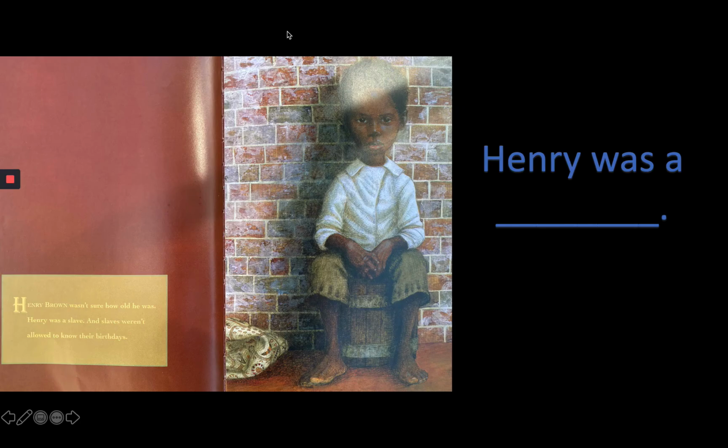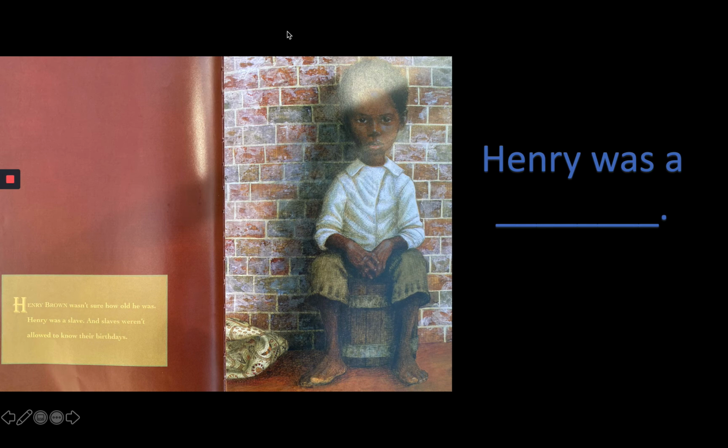There we go. So this actually is page 1 of the book. And if you notice, when we talk about writing purposefully, this is a great way to get students to fill in answers. Sometimes people call it closed format. I call it a frame sentence. Henry was a blank.